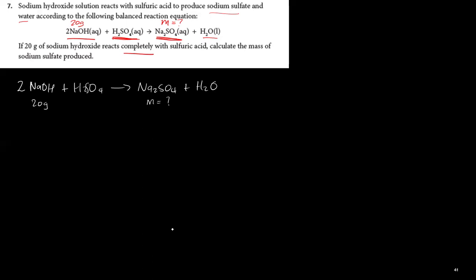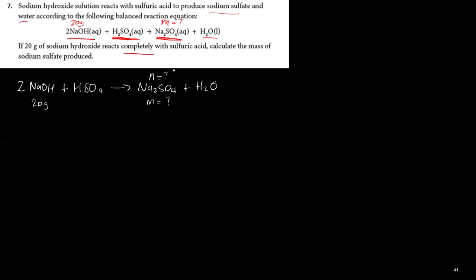Right, fine. Remember what was the question? They wanted us to calculate the mass of sodium sulfate. So in order for me to calculate the mass of sodium sulfate, firstly, I'm going to need to calculate the number of moles. And when I get this number of moles, I will convert that number of moles into mass. So firstly, I need to do this.